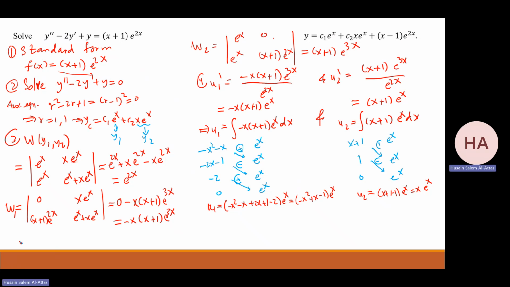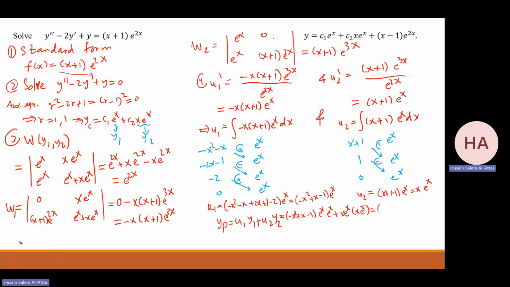Okay, we're done. yp will be u1 y1 plus u2 y2, and that is what? u1, which is this, times y1 is what? e to the power x, plus u2, which is x e to the power x, times y2, which is the same.